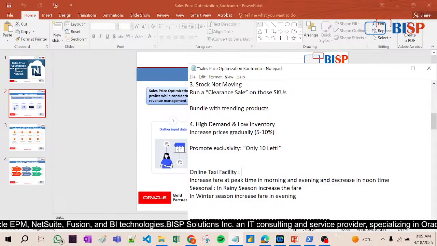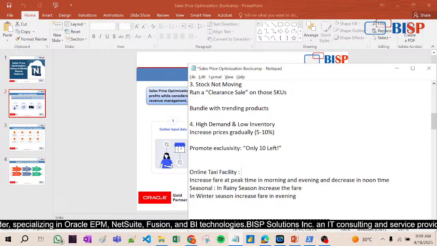If there is a signal of heavy rainfall in a particular area of that city, they immediately increase the price of the taxi. And in the noon time, when the weather is clear and nobody is using it, or on Sunday or holidays, there are no taxi bookings, so they reduce the cost a little bit.